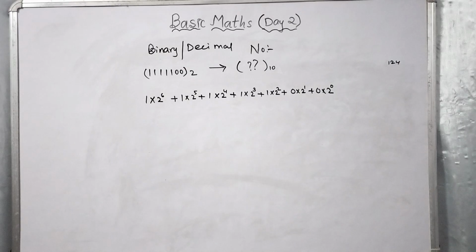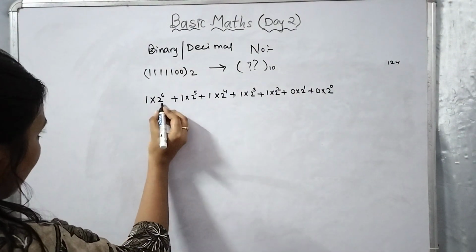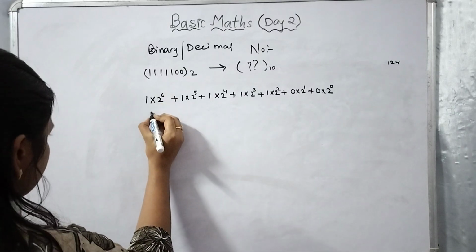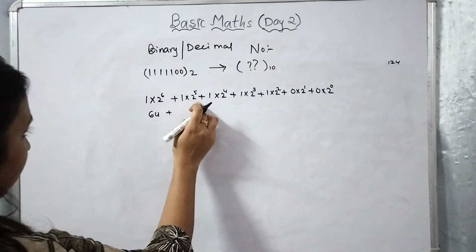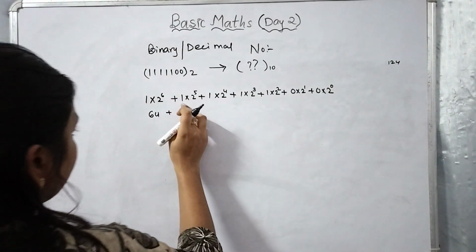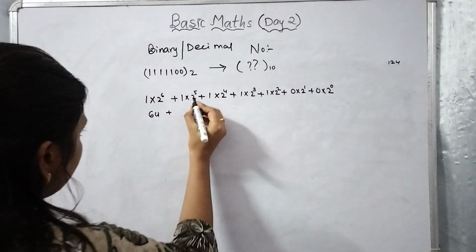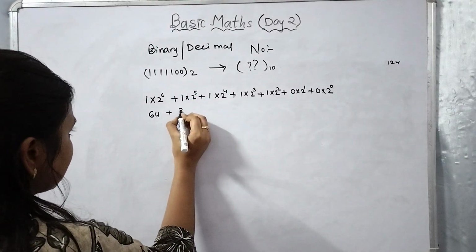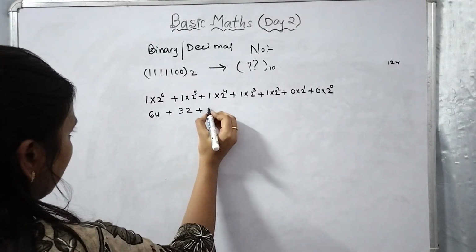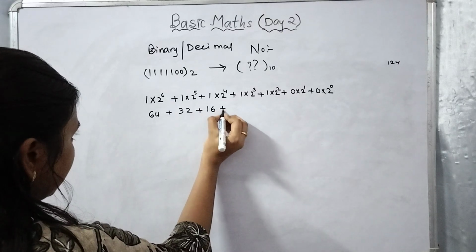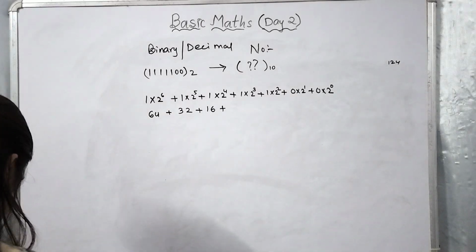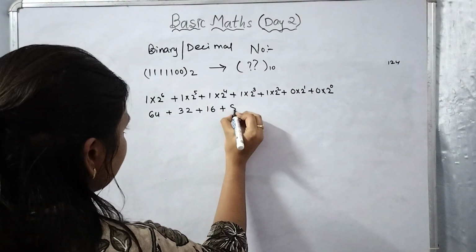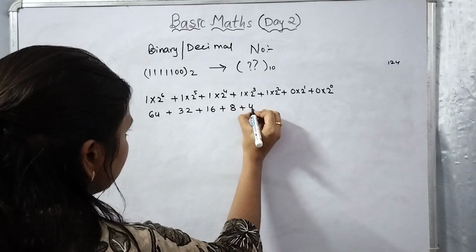So fine. Now we will see 2 to the power 6. Hope you don't have any problem understanding. So 1 into 2 to the power 6 is 64, right? I am not multiplying it with 1 because that will give you the same number. So 2 to the power 5 is 32, plus 2 to the power 4 is 16, plus 2 to the power 3 is 8, 2 squared is 4.